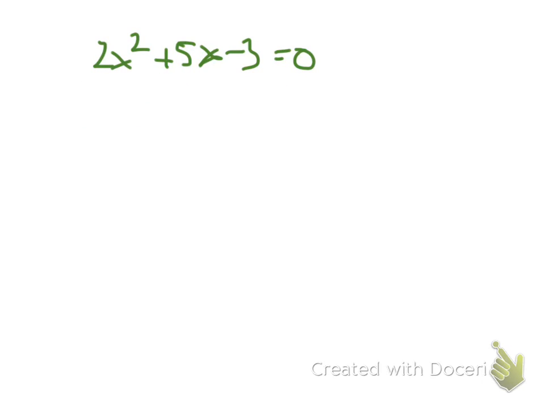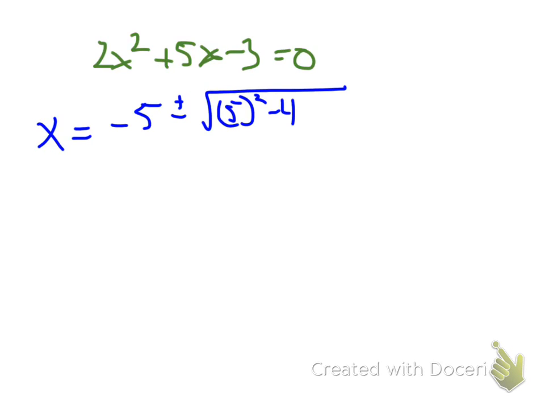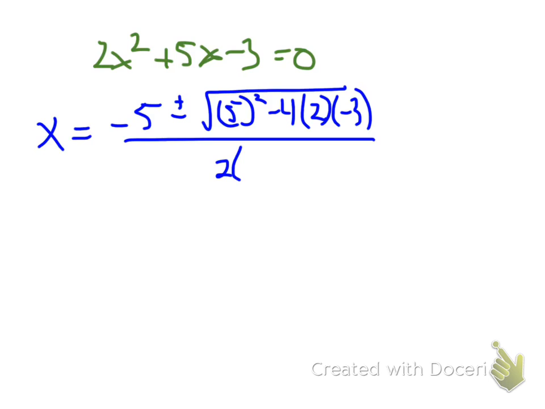Starting with the quadratic formula, I have the opposite of my b value, which is negative 5, plus or minus the square root of b squared minus 4 times my a value times my c value, and everything divided by 2 times my a value. That's the setup. Underneath the radical, I should always come up with two different numbers.